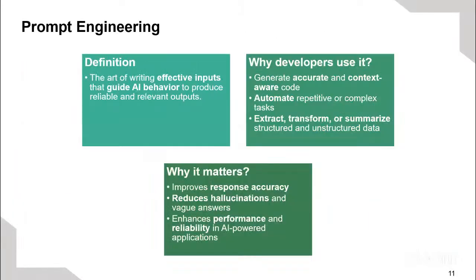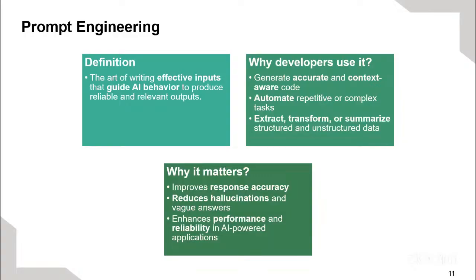All right, so let's talk about the definition of prompt engineering. Prompt engineering is really an art of crafting effective inputs that will guide your AI's behavior to produce reliable and relevant outputs. Why do we use it?